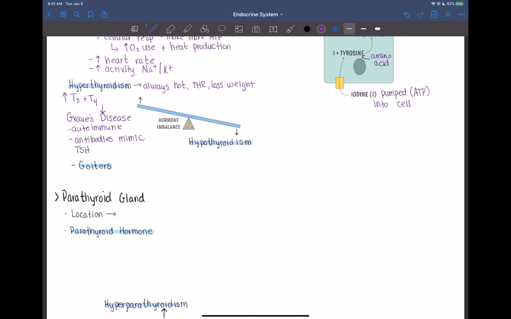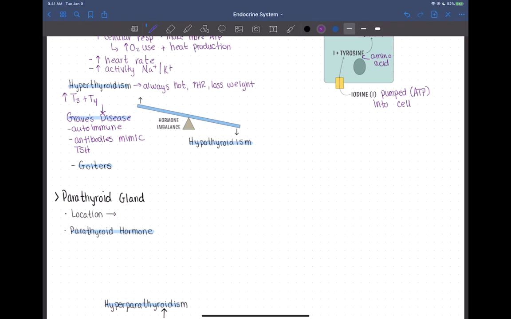And so then it's essentially like the person keeps getting the signal that there's not enough thyroid hormone because their antibodies are mimicking thyroid stimulating hormone. So the thyroid gland is just going to keep releasing thyroid hormone, thus leading to hyperthyroidism.